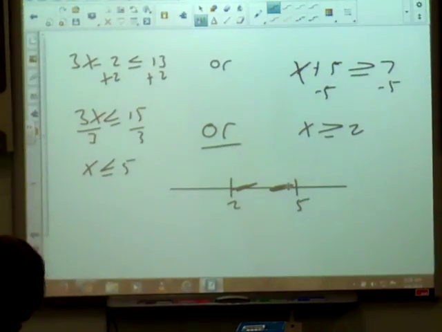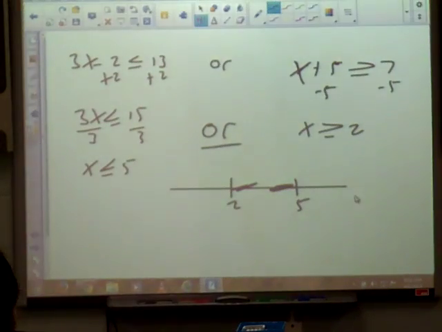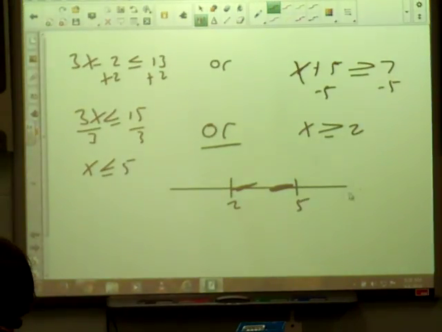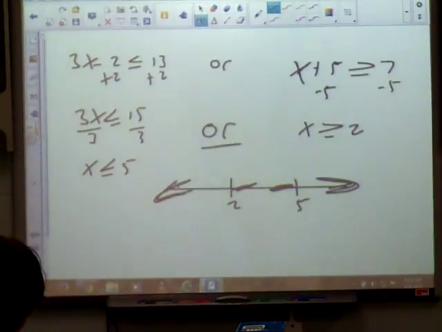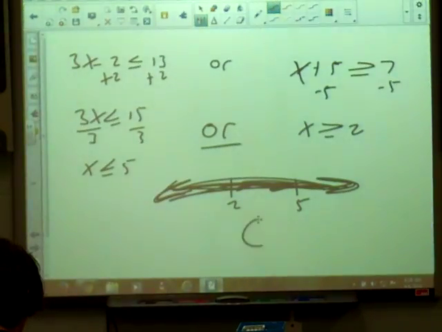Can I be less than or equal to 5 way over here, or greater than or equal to 2 way over here? Yep. So this is a case where the whole shebang gets shaded, which means we would go from negative infinity to infinity.